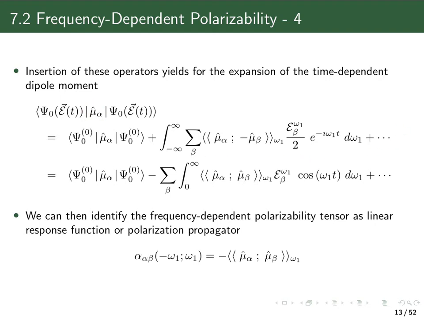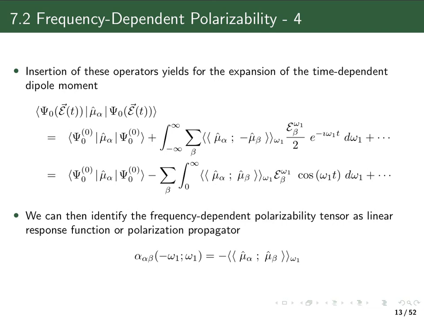As this is the operator of our expectation value, that's the first operator in the linear response function, and the second operator is our perturbation operator, which was minus the corresponding component of the dipole moment operator, and here we have our field. Now, in order to compare, we have to rewrite it again.